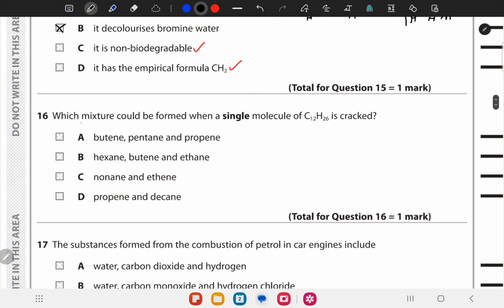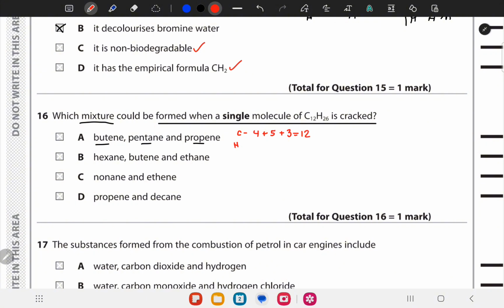Now we are asked which mixture could be formed when a single molecule of C12H26 is cracked. If you have butene, pentane and propene, we'll add the number of carbon and hydrogen and see if that works out. So the number of carbon for this will be 4 for butene, 5 for pentane and 3 for propene. So the number of carbon adds up.